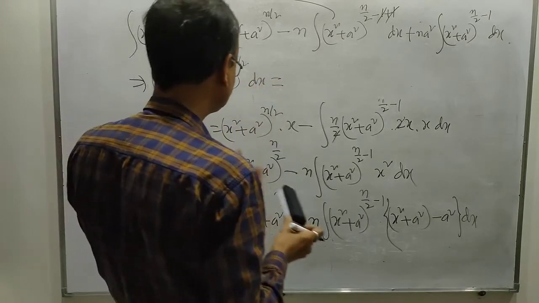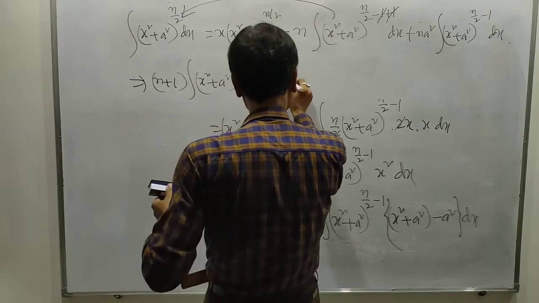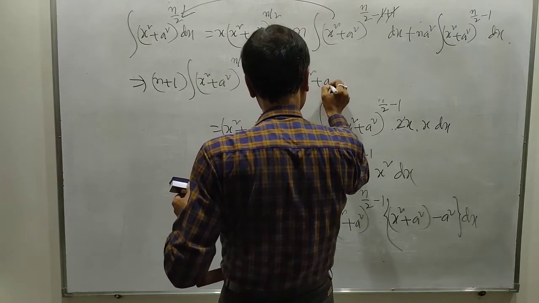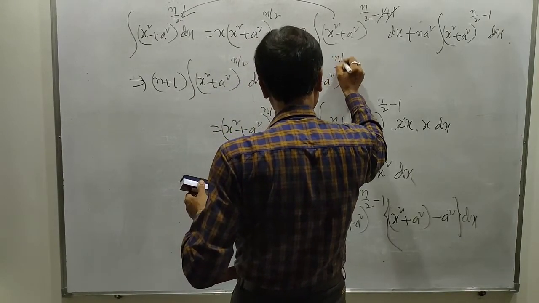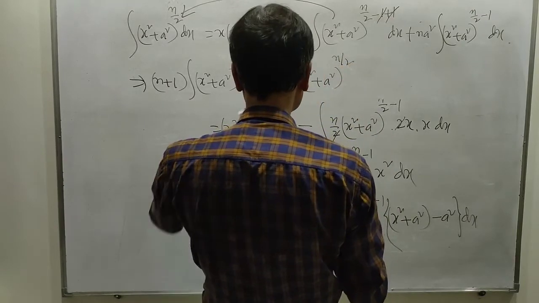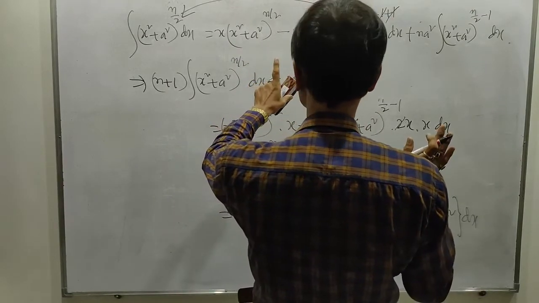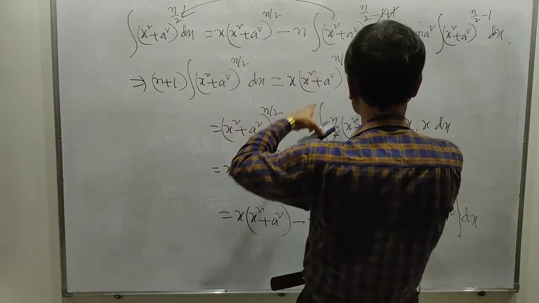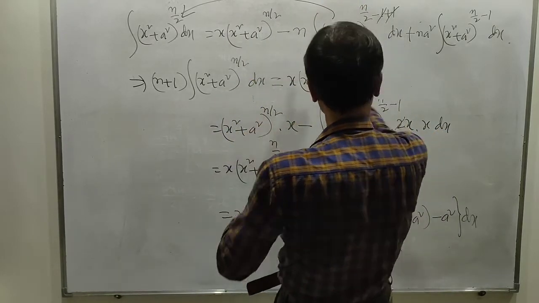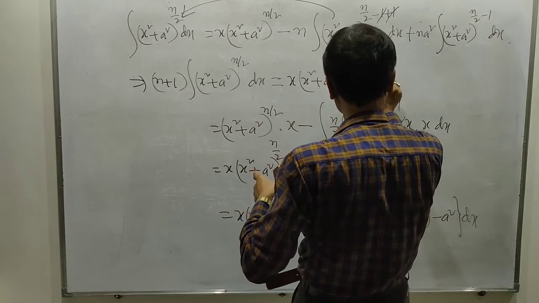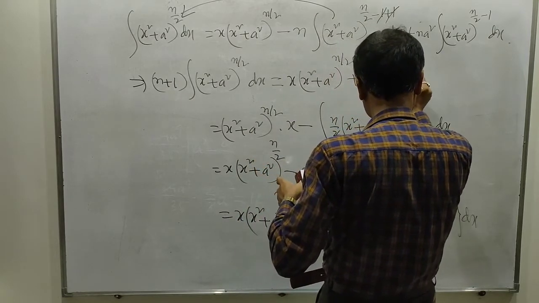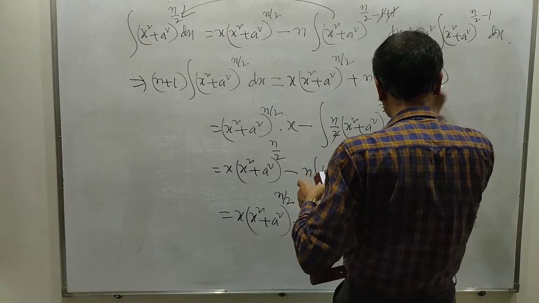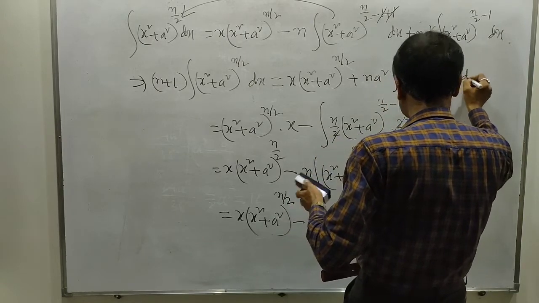equal to x into (x square plus a square) whole to the power n by 2, no integration sign is there, plus n a square integration (x square plus a square) whole to the power n by 2 minus 1 dx.